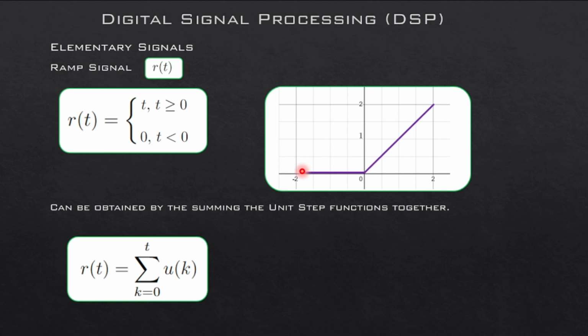That's why it has 0 values to the left. So r t is equal to sigma k equals 0 to t of u k, meaning that you have all the t values, but starting from 0 to the right. This is what it means.